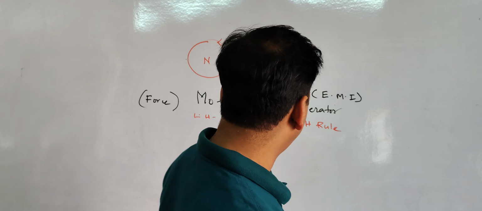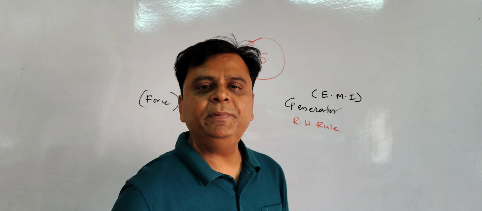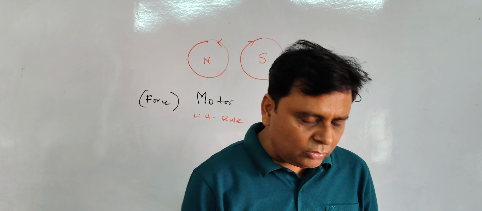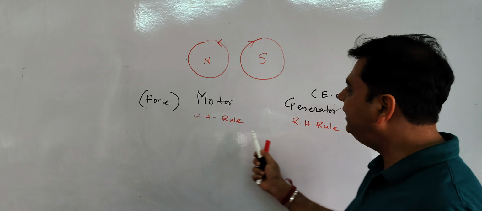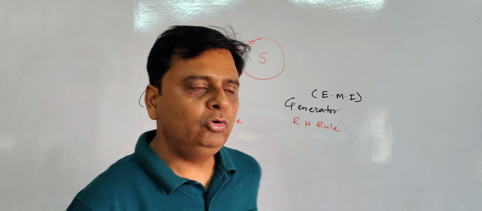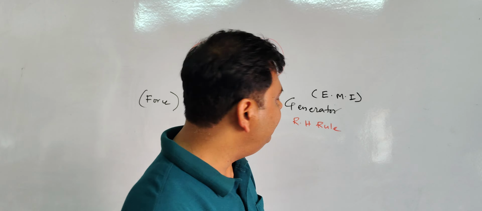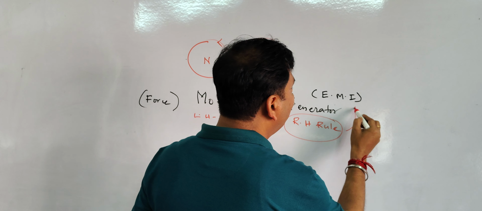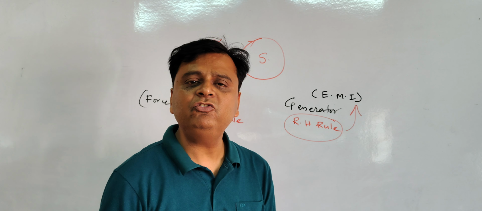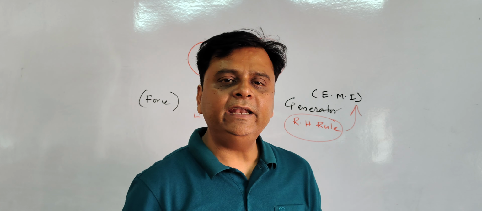Now let us discuss the right hand rule, which is Fleming's right hand rule. Many students get confused over using Fleming's right hand rule and Fleming's left hand rule. Where to use the right hand rule and where to use the left hand rule? Very simple: the right hand rule is used when there is motional EMF, whenever you see the principle of electromagnetic induction.